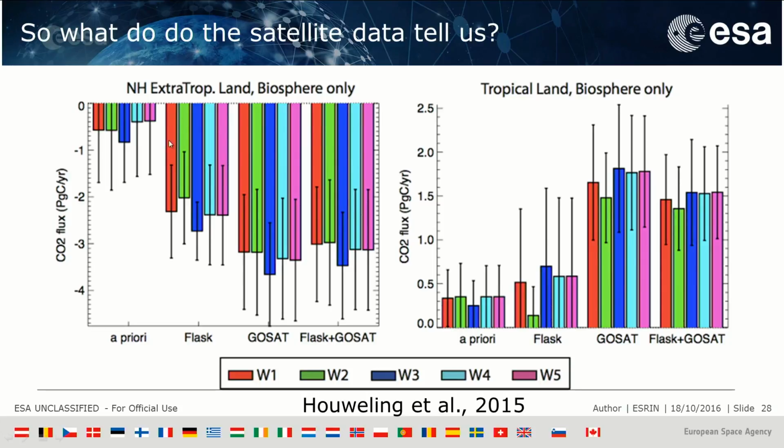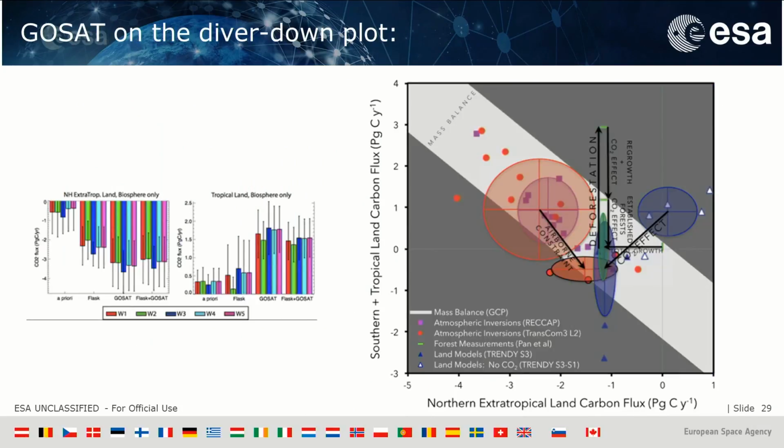So northern hemisphere, tropics, land. And this is the FLASK data, meaning the in situ data, the land-based surface measurements. And you see, okay, they suggest that there's sort of a moderate northern hemisphere land sink and a small tropical land source. Then you add the satellites, and you have a massive northern hemisphere land sink and a massive tropical source.